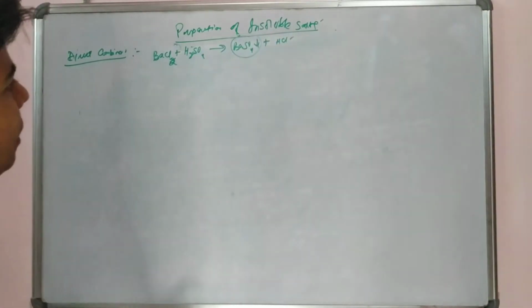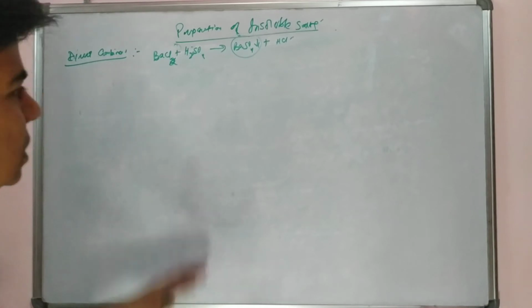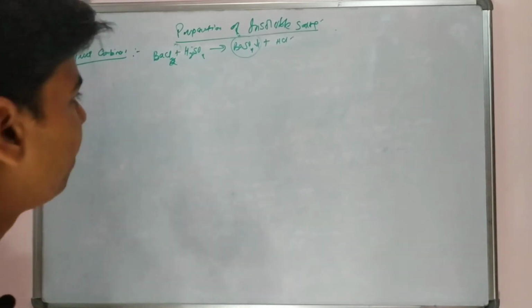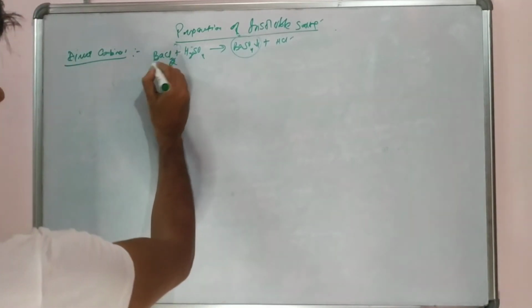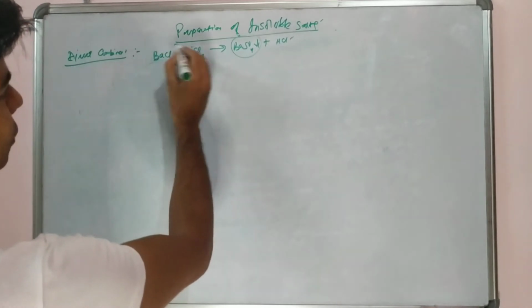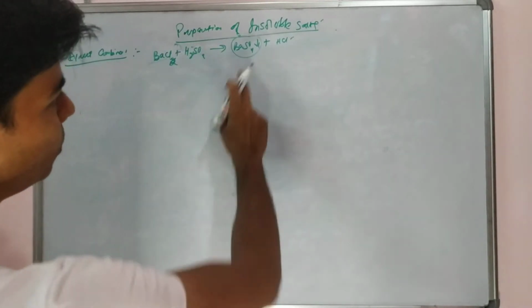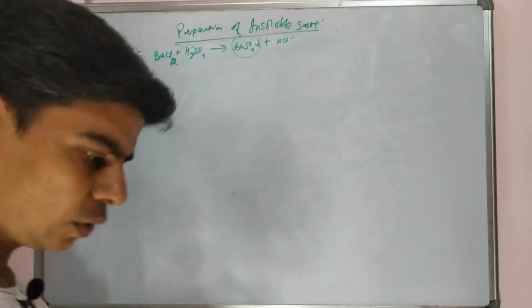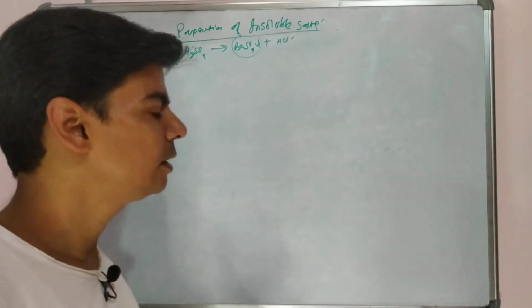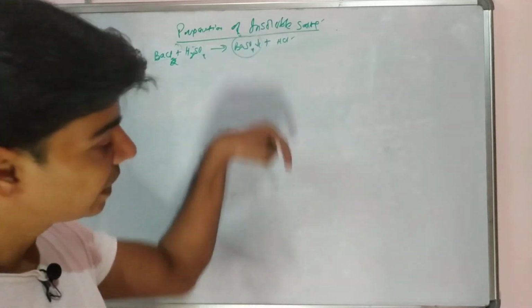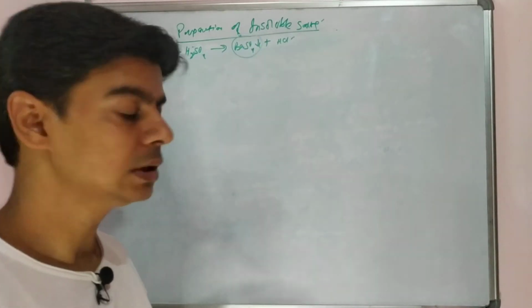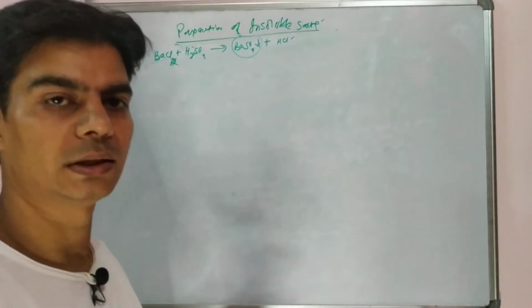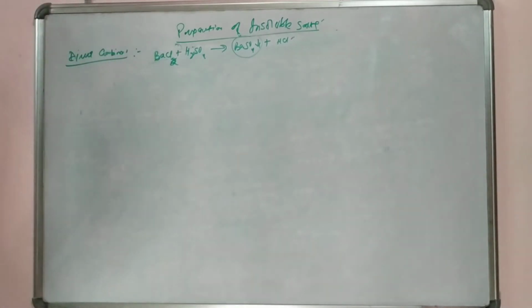Just to recall, this is a double decomposition reaction wherein exchange of radicals is taking place to form two different compounds. One of the compounds is a solid precipitate, here barium sulfate, and because a precipitate is getting formed, this reaction is also known as a precipitation reaction.